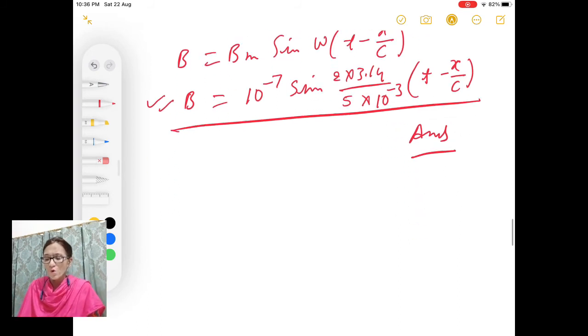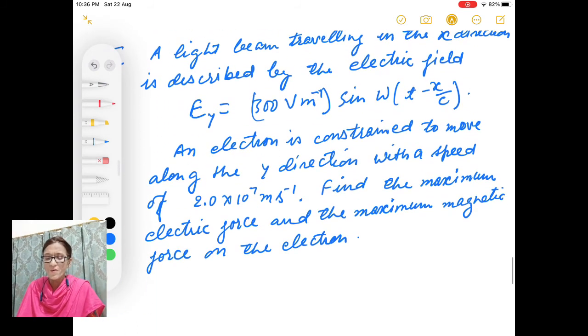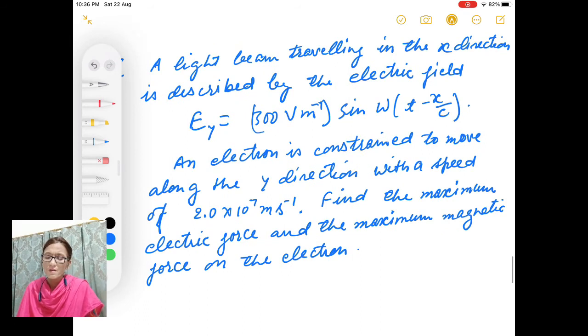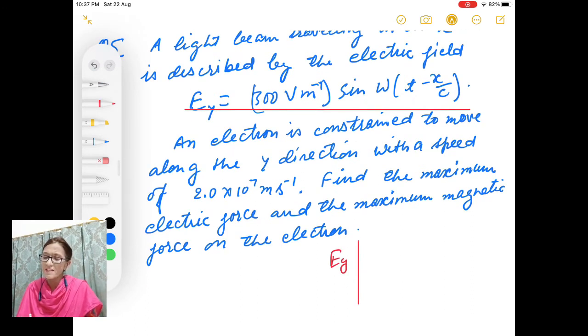So now next question. Question number 5. A light beam traveling along the x direction is described by the electric field given here. An electron is constrained to move along the y direction. Okay, your electric field is along the y direction. Here you have the electric field, and the velocity of the wave can be obtained from here.